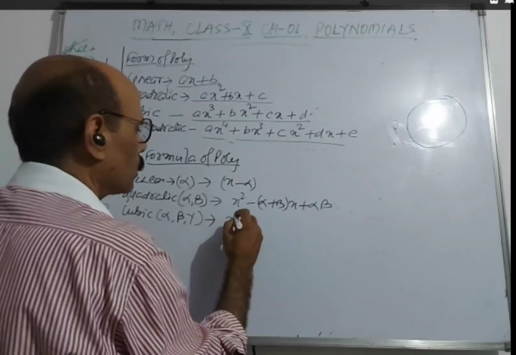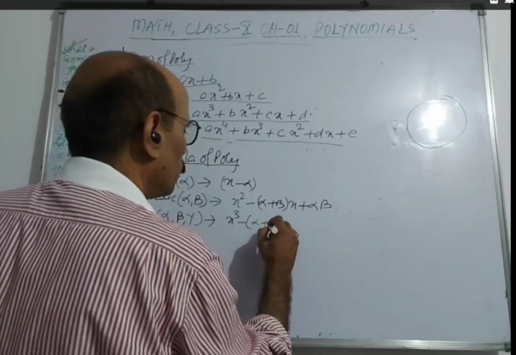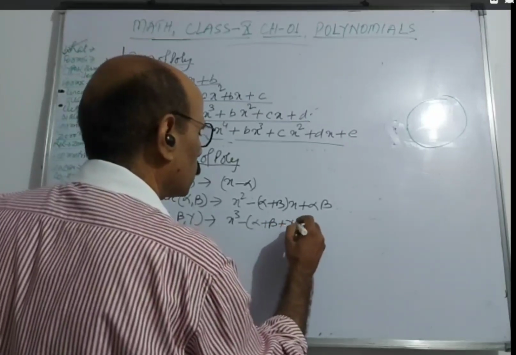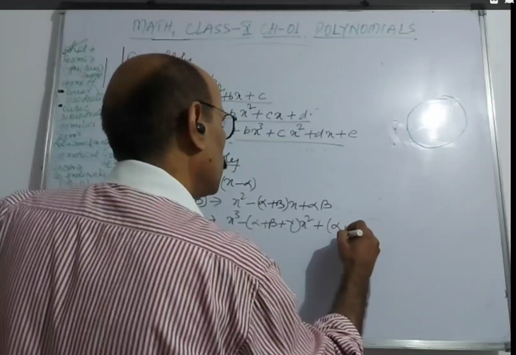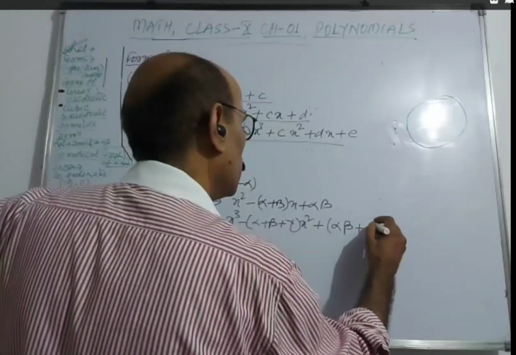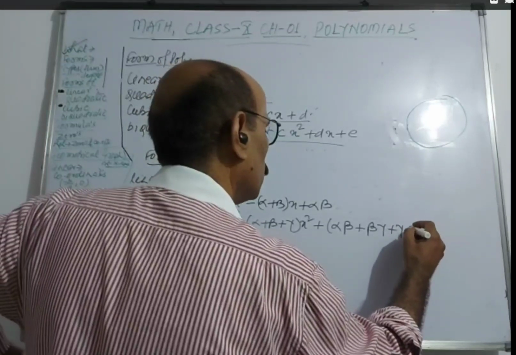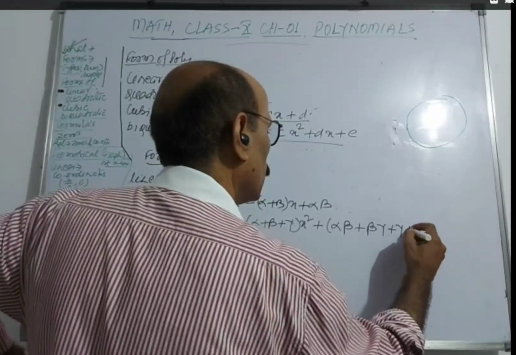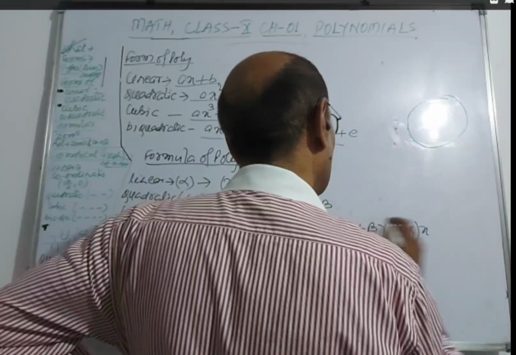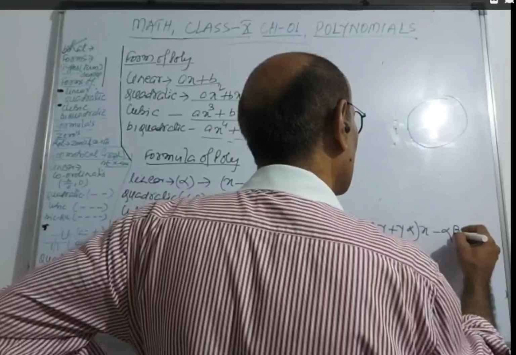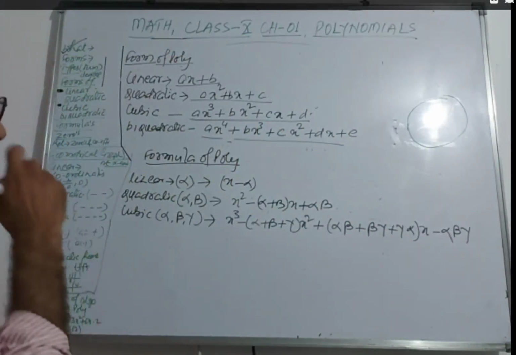In this case, x cube minus (alpha plus beta plus gamma) x square plus (alpha into beta plus beta into gamma plus gamma into alpha) x, and then again minus alpha into beta into gamma, like this.